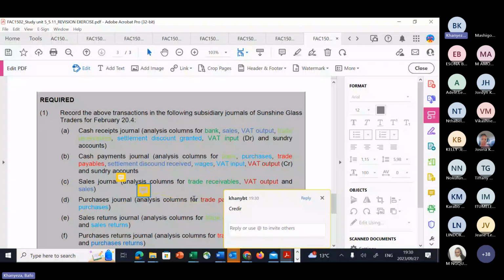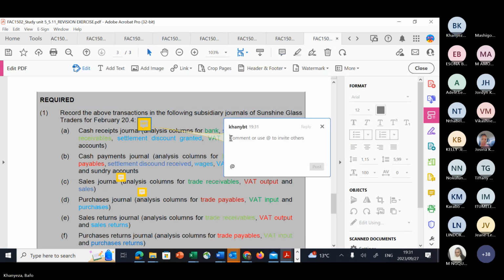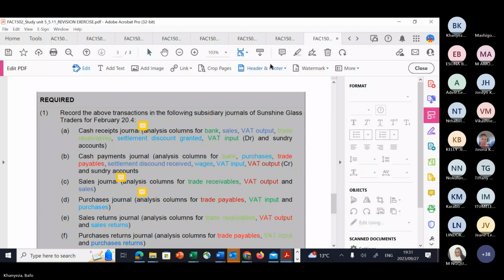Once you've printed, it's better to write these things down so that you don't have to think about them. Cash receipts and cash payment are for cash transactions. Cash receipts is for cash receipt transactions. Cash payment is for cash payment transactions.